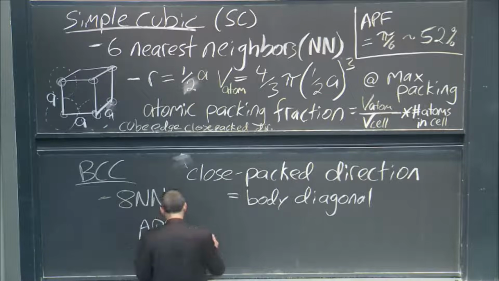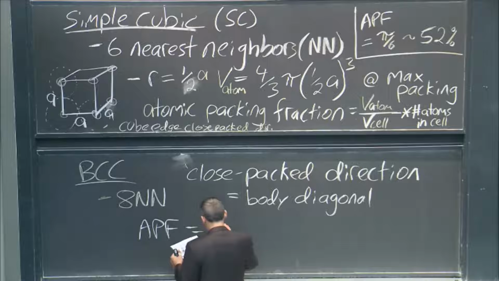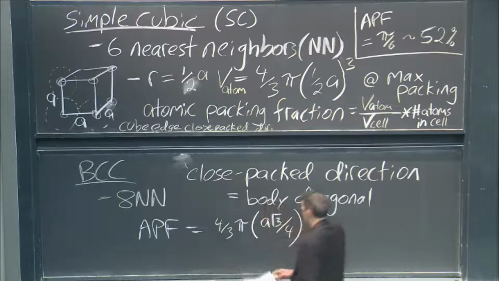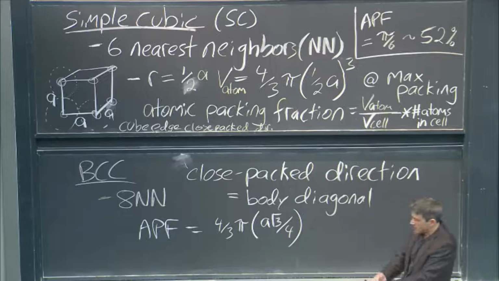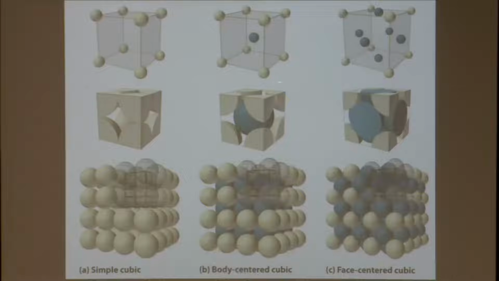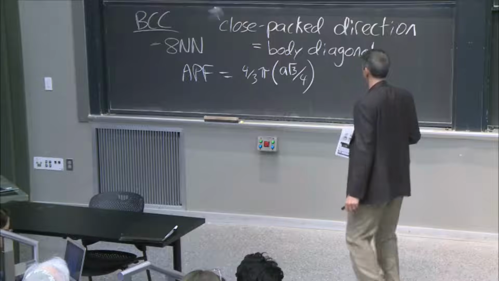is going to be, okay, 4/3 pi, and now I've got my a√3/4. Why? Because a is the length of the cube, and you can see here I've got 4 radii, right? 2 diameters of the sphere go down the body diagonal.